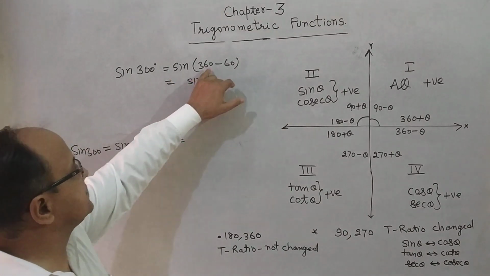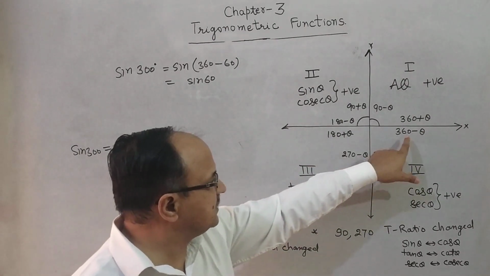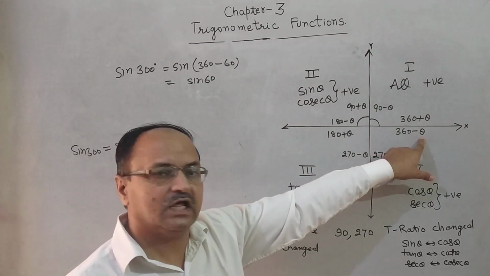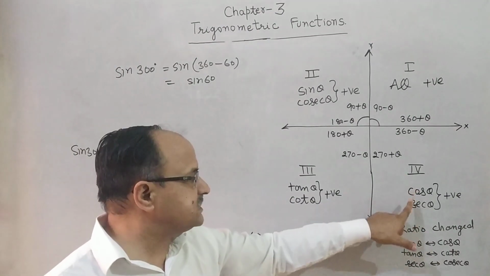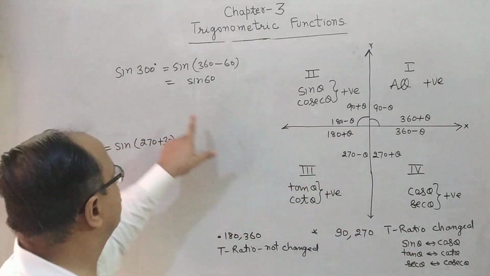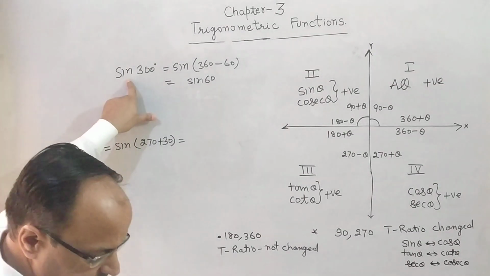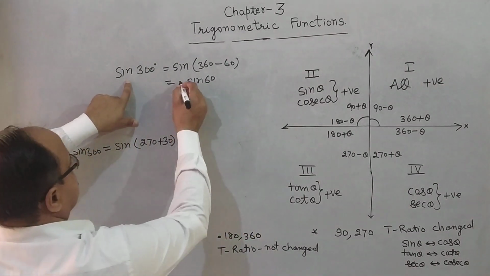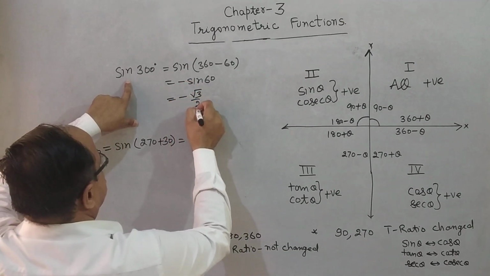You know that 360 minus theta lies in which quadrant? 360 minus theta lies in fourth quadrant, and in fourth quadrant cos and sec positive, but here sin, it means sin is negative, so therefore negative sign, and sin 60 is root 3 by 2.